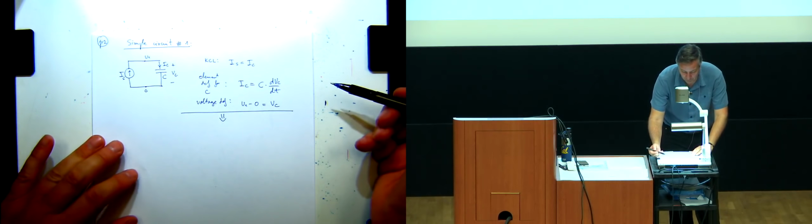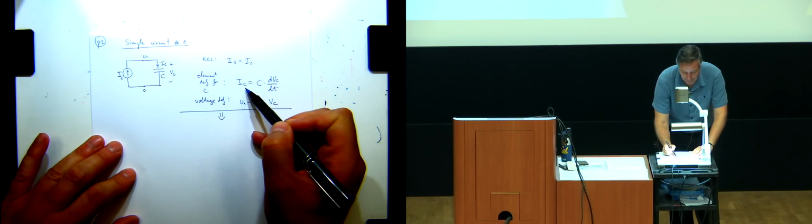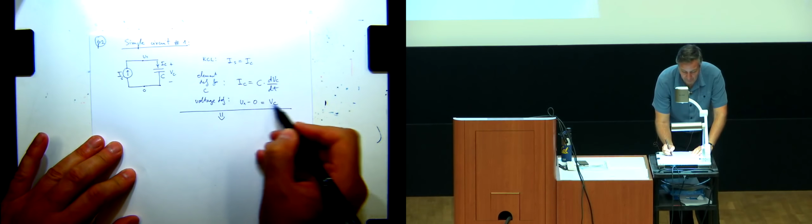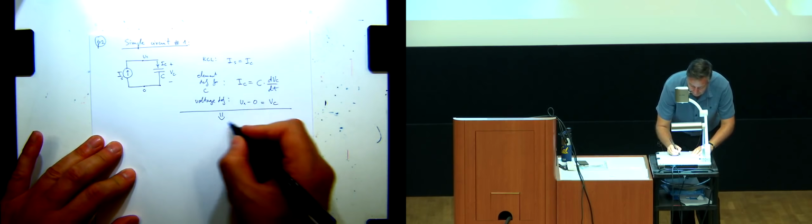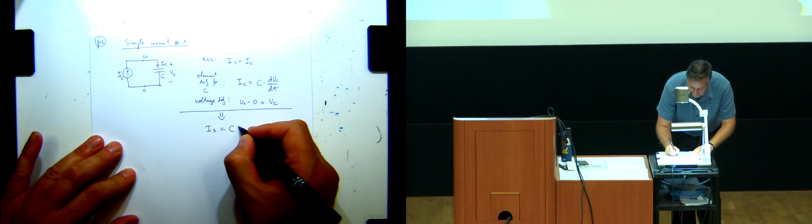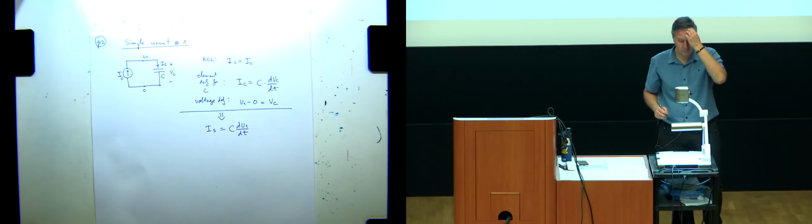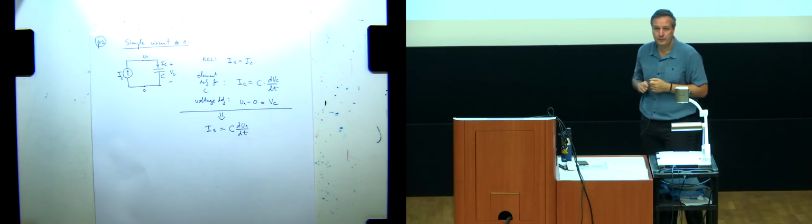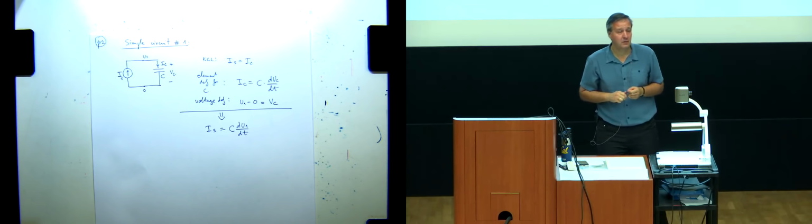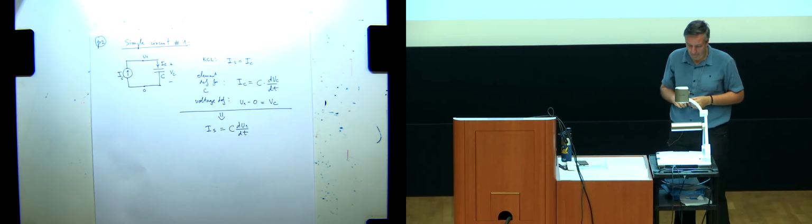We replace IS in here, and then we replace U1 in here, and then we get IS equals C dU1 dt. Does that make sense? It's just arithmetic, basically, nothing else.